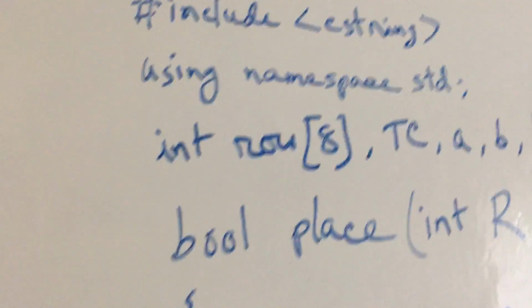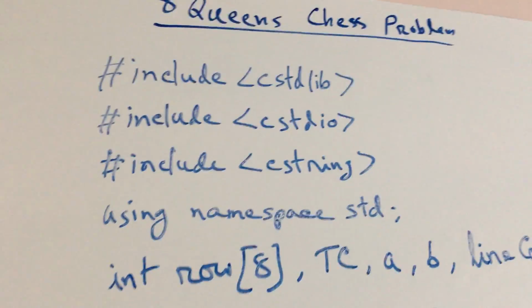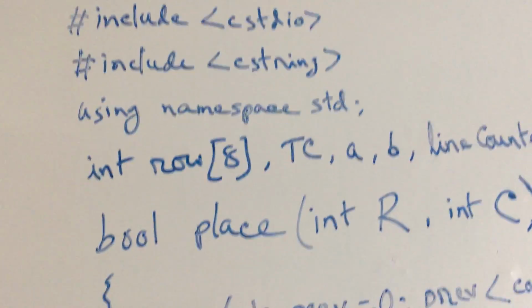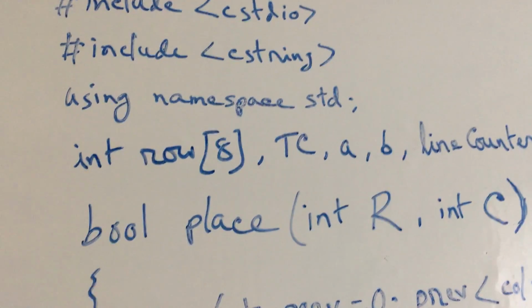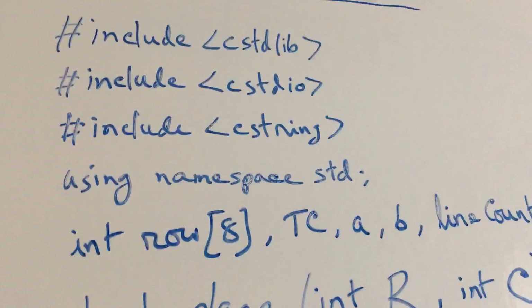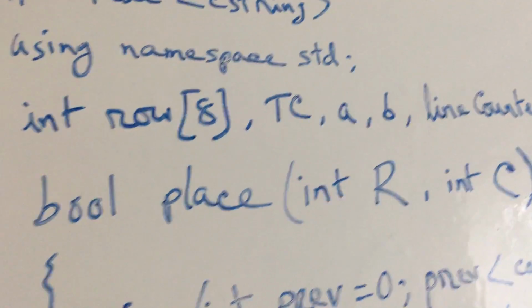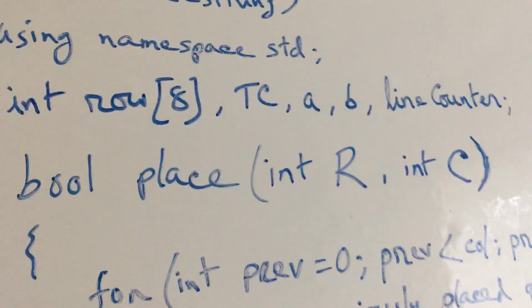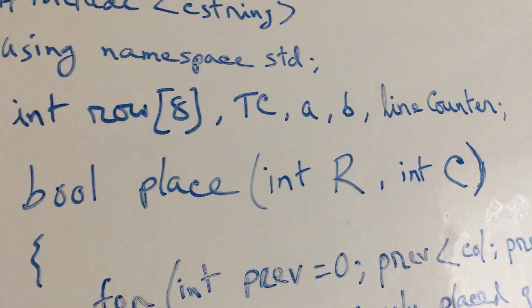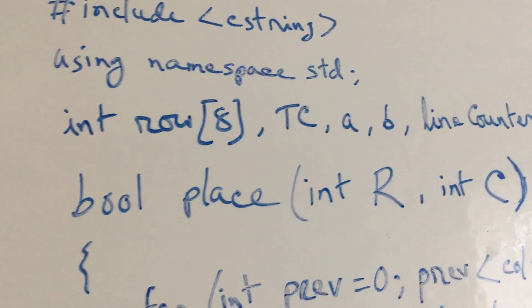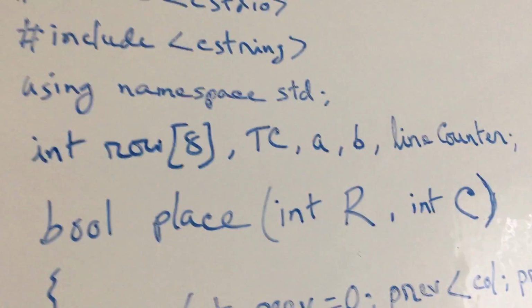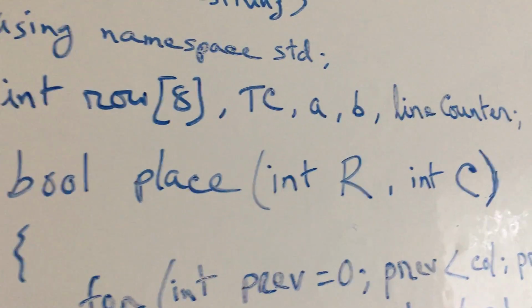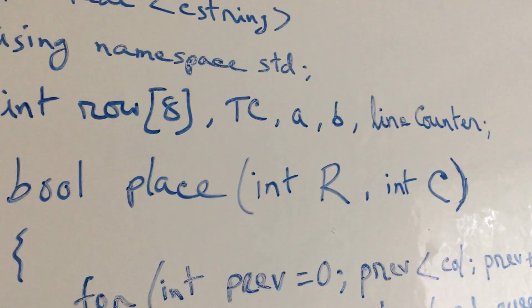So here is one of the possible programs which indicates a solution to this problem. We have some global variables to start with. So row[8], which can hold the output of all such possible arrangements of the queens that don't attack each other.